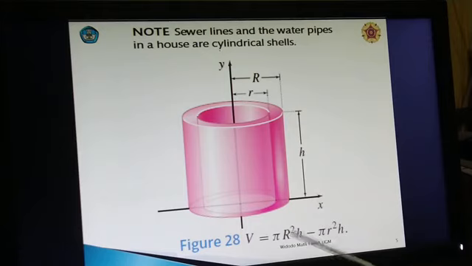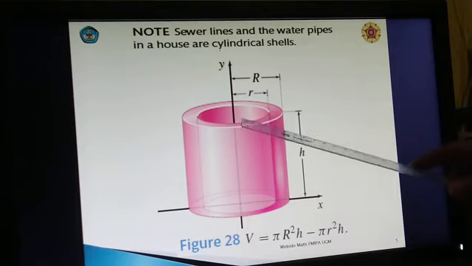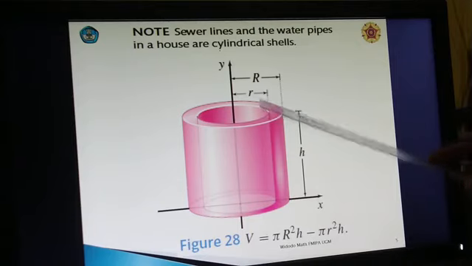Of course, the outside volume is pi R squared h, where h is the height of the pipe, minus pi r squared h, where r is the smaller radius of the pipe. By using this formula, we can construct the formula of the solid of revolution using the cylindrical shell.